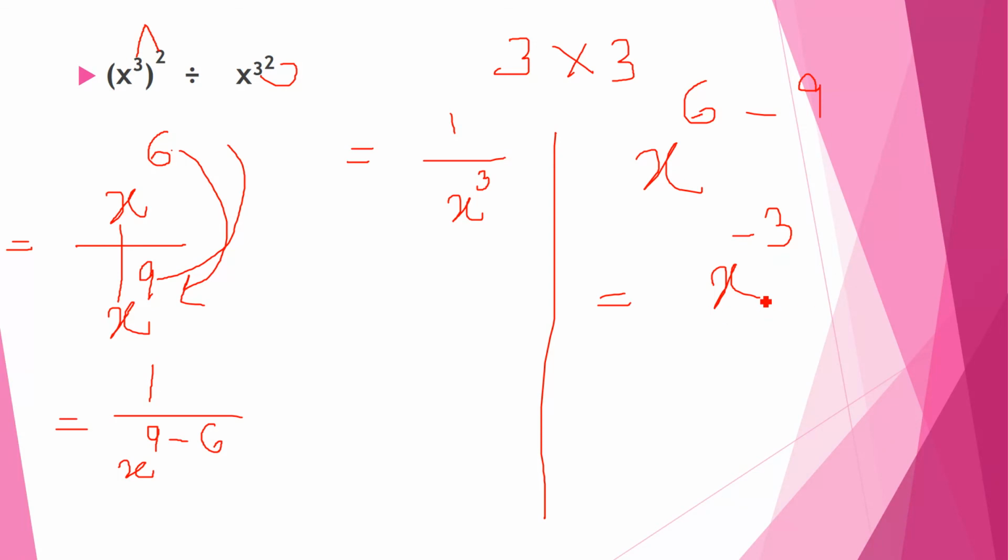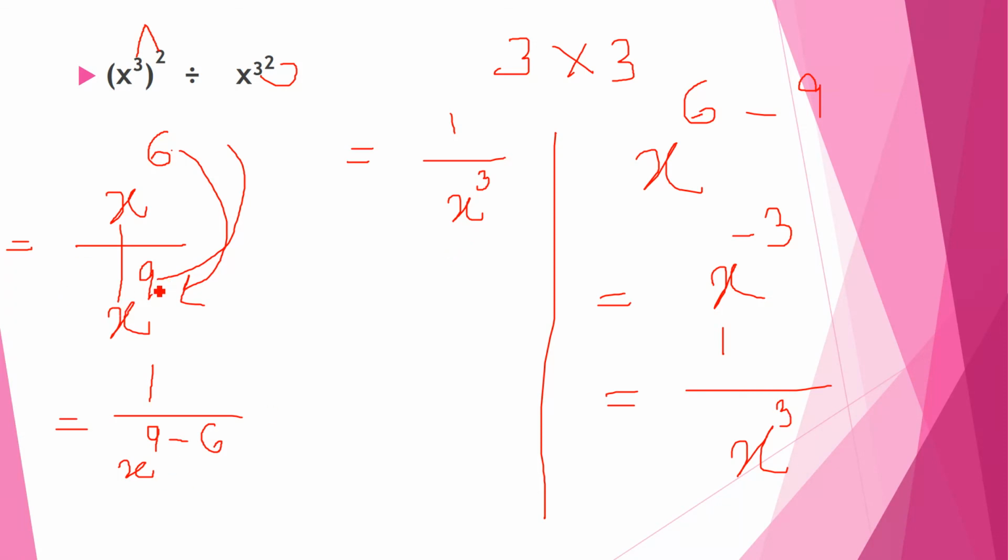You can keep your answer here, but if you want more simplification, so 1 in the numerator, if you want to make it positive, x negative cube you have now. If you want to make it x cube, then you have to take this again to the denominator, x cube. So same thing, whatever we did here.